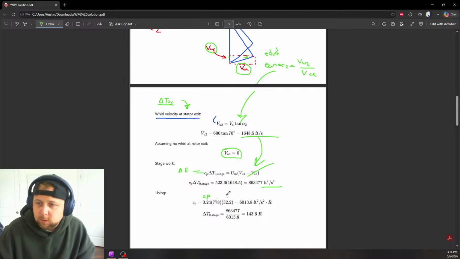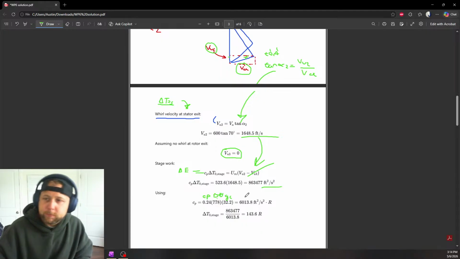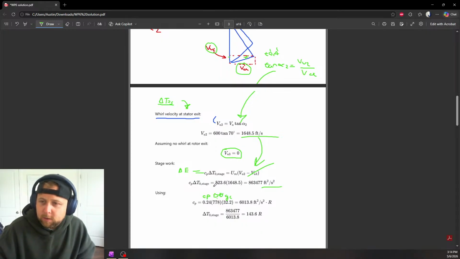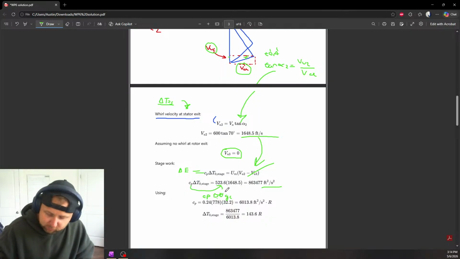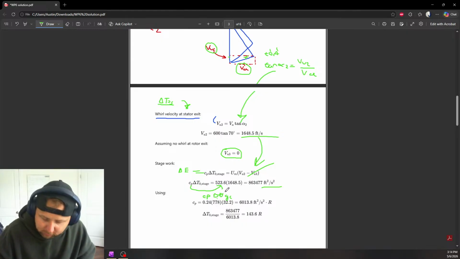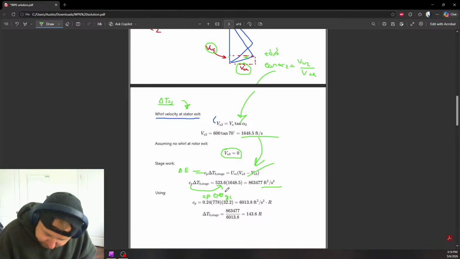These are two conversions, so this is what the gravity constant, and 778 I think is the BTU. It's a BTU conversion. Anyways, you have to do this and then divide all that, because I want to bring this CP over here. I usually put it all together so I can just put it in my calculator, call it a day. But this is easier.